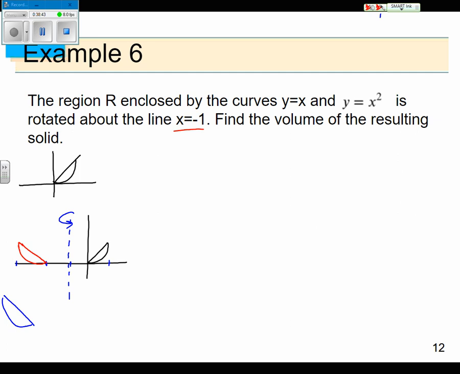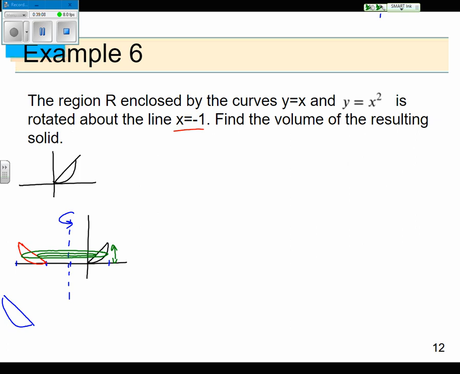Now, I always like to draw myself an example as to what's going on. If I'm rotating about this line, that means that my washers are all going to be stacking up, going up and down in the y direction.